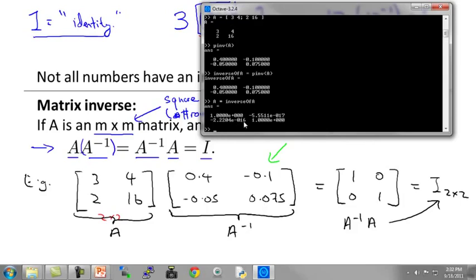So up to numerical precision, up to a little bit of round-off error that my computer had in multiplying these two matrices, the numbers off the diagonal are essentially 0. And so A times the inverse is essentially the identity matrix. I can also verify that inverse of A times A is equal to the identity, with ones on the diagonal and values that are essentially 0 except for a little bit of round-off error on the off diagonals.